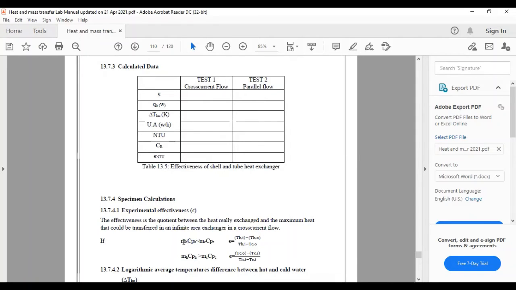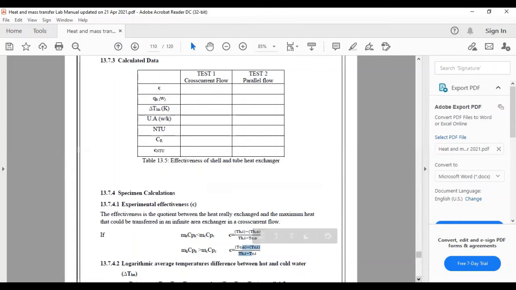If the product of mass flow rate and specific heat for hot water is less than for cold water, then you will use this formula listed here. And if the product for hot water is greater than for cold water, then you will use this formula. So whatever the case, you will use these formulas.